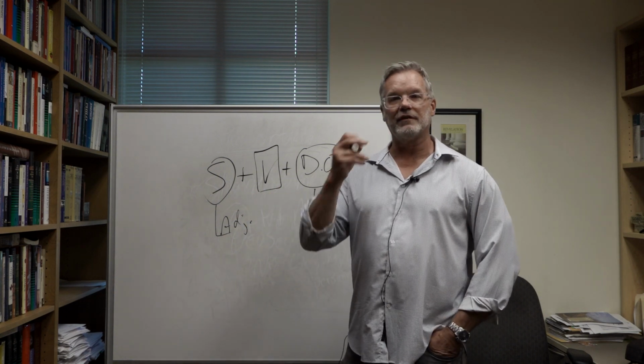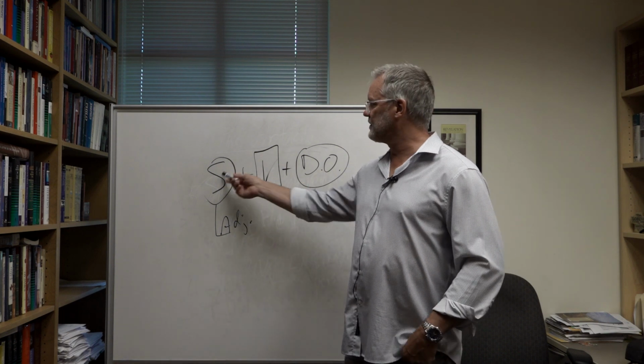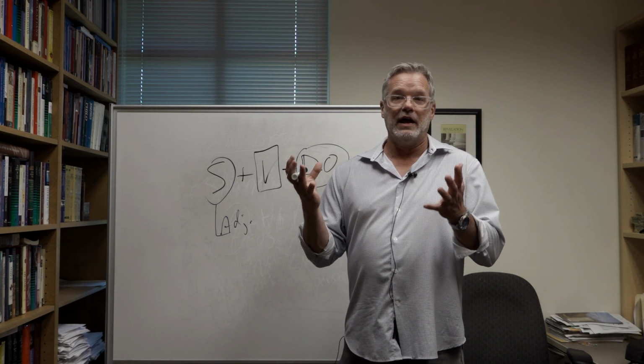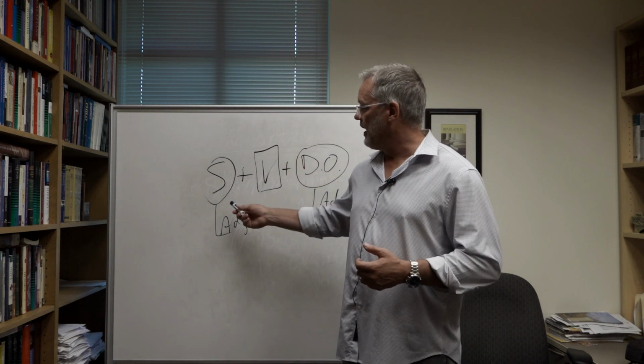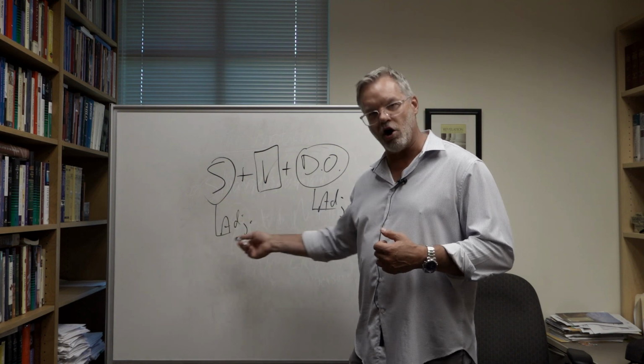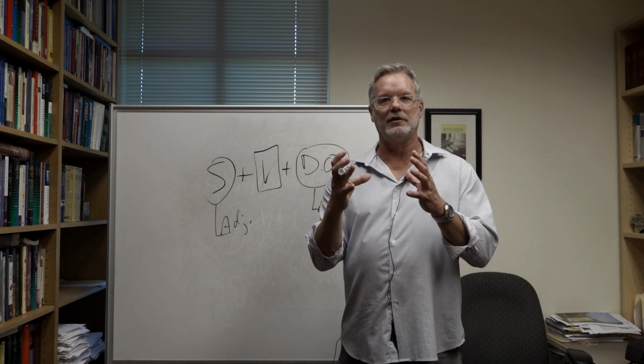In other words, another way of looking at a sentence would be to see these as containers. I like to say these are like containers that can be filled with different things. And this little thing hanging off the subject and direct object would be the modifier container.